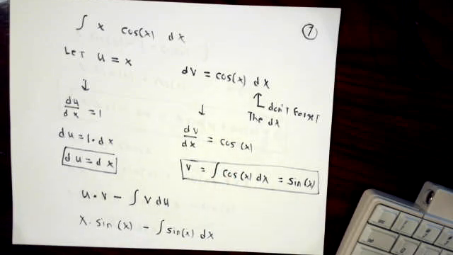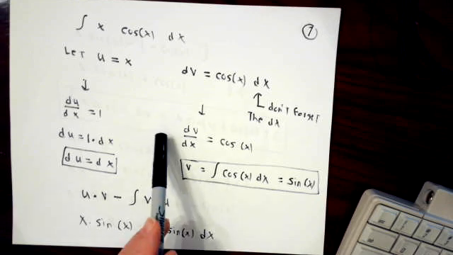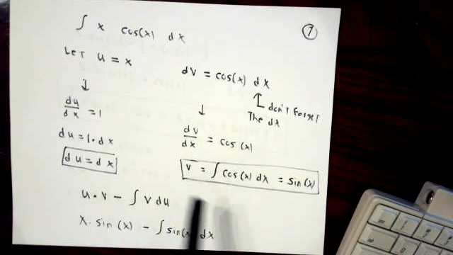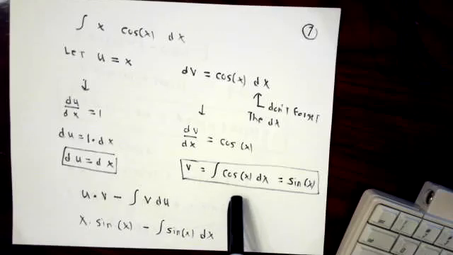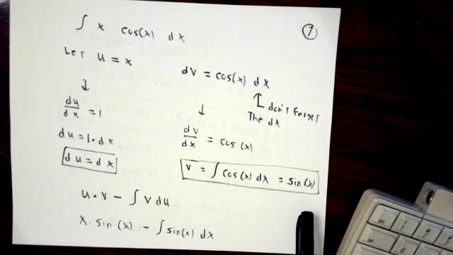If these were fractions, which they're not, dv over dx would be cosine x. That means v has to be an antiderivative for cosine x, and one such antiderivative is sine x. As I said before, we'll wait till the very end to put the constant of integration in.